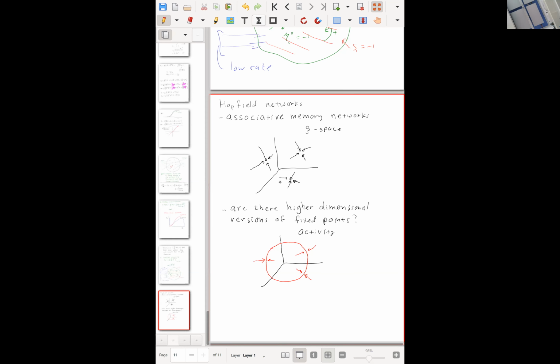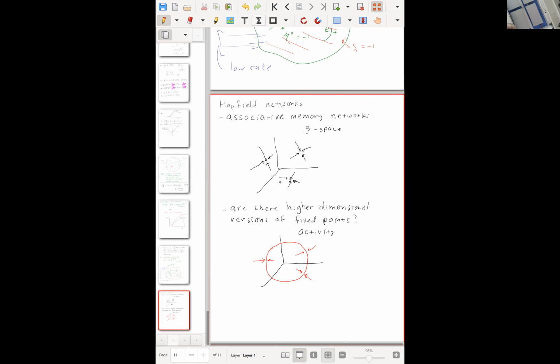And the reason to have line attractors rather than point attractors is that a point attractor can tell you about some single thing, but it can't tell you anything else about the thing. So you remember your dog, but it basically just gives you a dog. What you would want is characteristics of that dog. So in the case of a line attractor, there might be something one-dimensional. We'll give examples in a second.